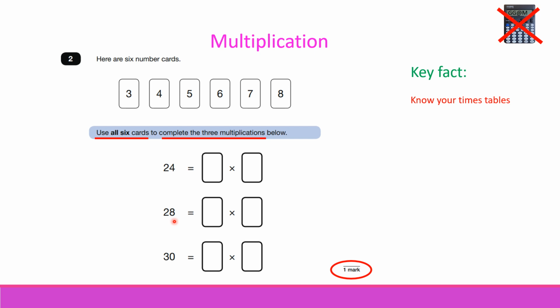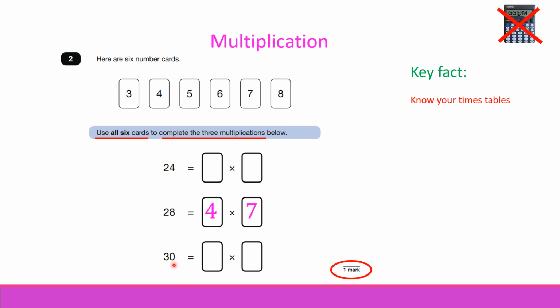So because we now have a 4 and a 7, which is 28, that means that the 4 can't be used up here in the 24. So the 4 has got to come in here for the 28 because we've only got 4 times 7 of the two numbers that will multiply to make 28 out of all these numbers up here. There are other numbers that will multiply to give 28, but out of the numbers that are listed here, only the 4 and 7 can be used.